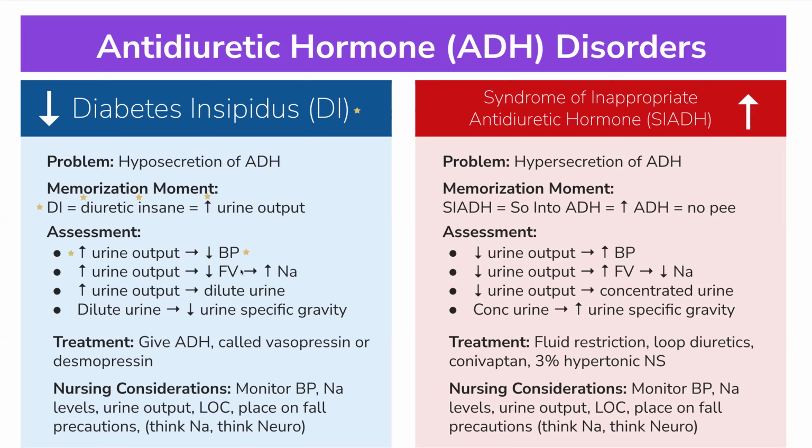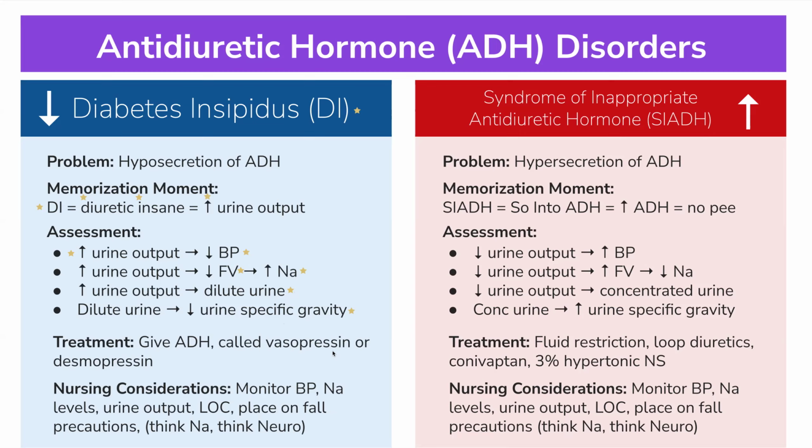Because it drops their blood pressure, it drops their fluid volume, because they're peeing all their fluid out. Because they've lost all their fluid, their sodium level is high. Also, their urine is very diluted. The word for diluted urine is low urine specific gravity. So when you're studying this week, you have to memorize it that way.